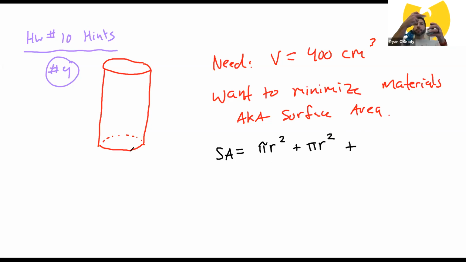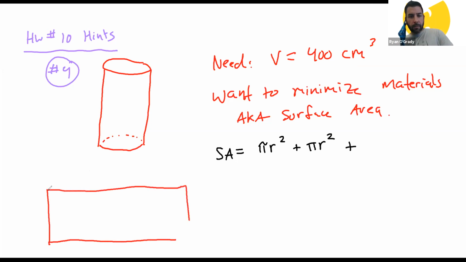If I took a knife and sliced it vertically like this, then I can lay out the metal. And when I lay it flat, it's going to look like a rectangle. So if I lay it flat, the sides look like this.